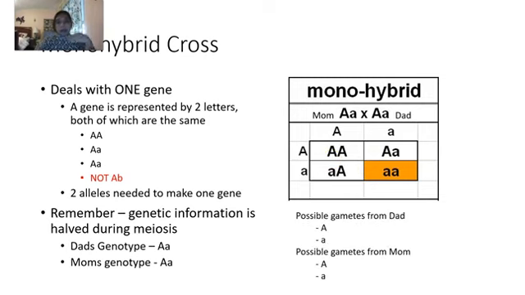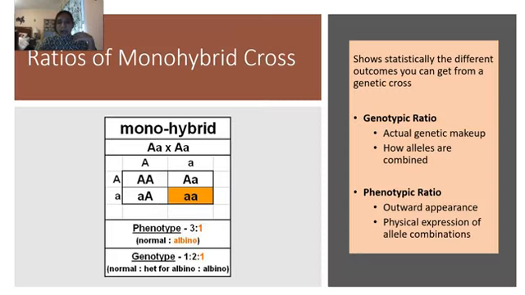So here again are the possible gametes from the dad and the mom, a capital A and the lowercase a. Once you follow through with it, you will see that the genotypic ratio is going to be different from the phenotypic ratio. In the phenotype, three of them will show the normal phenotype, and one of them is albino, which is the recessive, so it's a 3-to-1 phenotypic ratio.